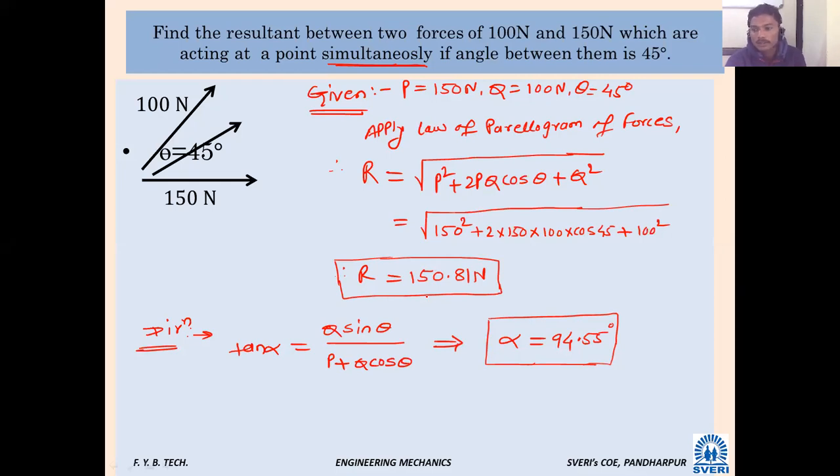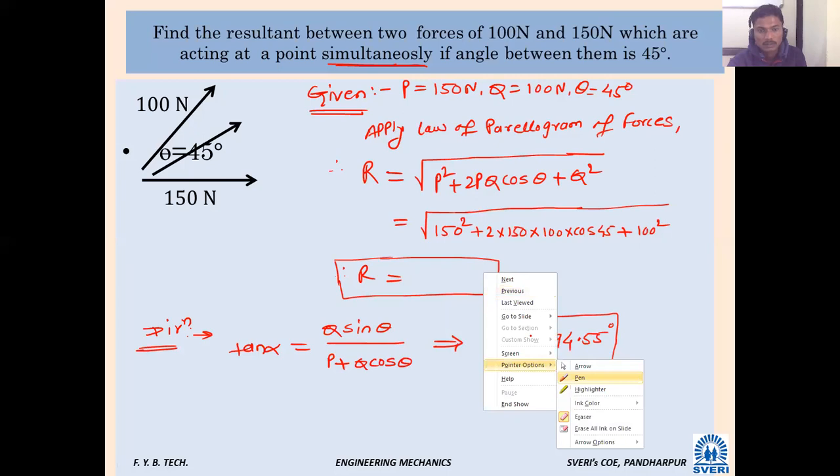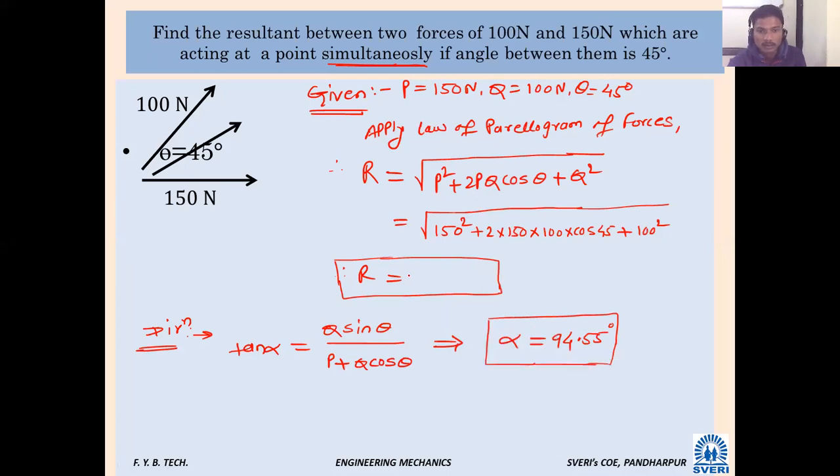Value of R. Sir, the value is right: 231.32. That's why I'm saying you should check. Sir, mine also came the same. How much? 231.32.